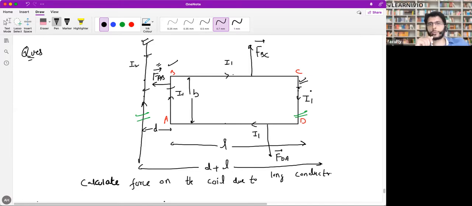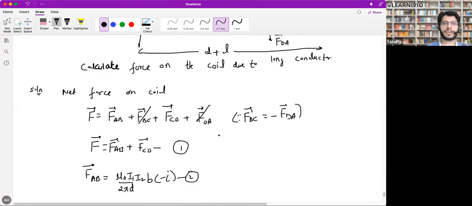So when the current is opposite, what happens? The conductors will repel. So can you guess the direction of force? Is it to the right or to the left? To the right, yes. When they repel, the direction is moving away, na? The direction of force is to the right.